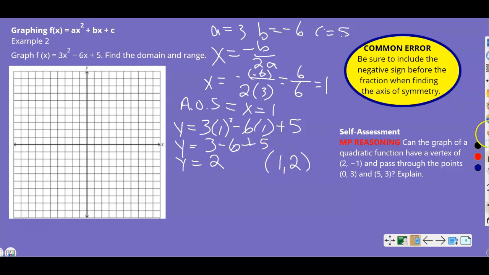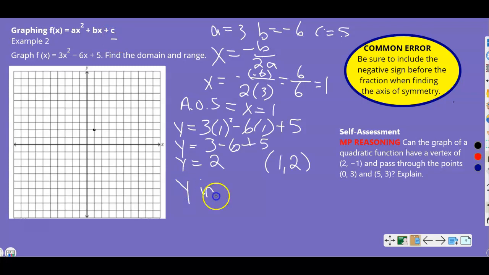All right, let's change this to black. Let's go ahead and graph the vertex. So the vertex is my x is 1 and my y is up 2. So that's my vertex here. And then we also know that the y-intercept equals c. So in this case, c is 5.